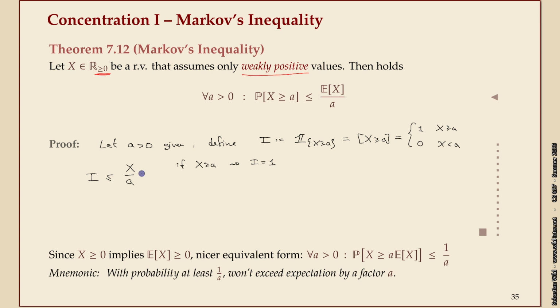But then X is greater than a, so X divided by a is greater than 1, and the inequality is true. The other option is if X is strictly less than a, then I is 0, and well, X is non-negative, so it's not going to be negative.